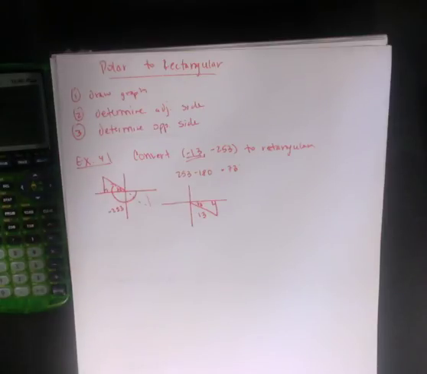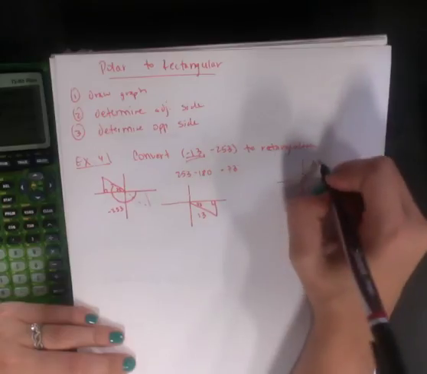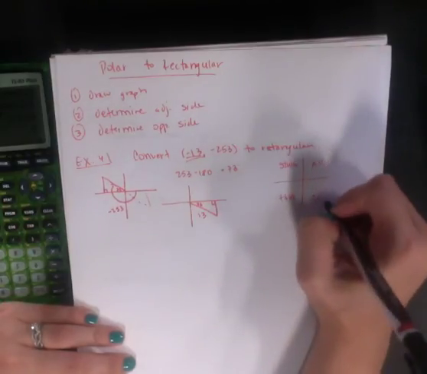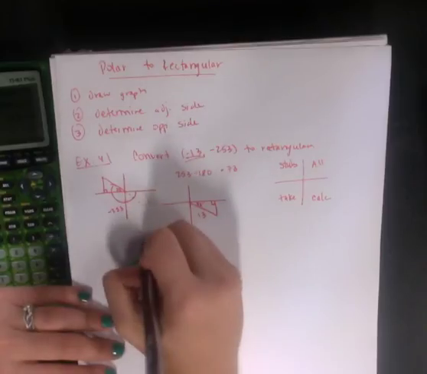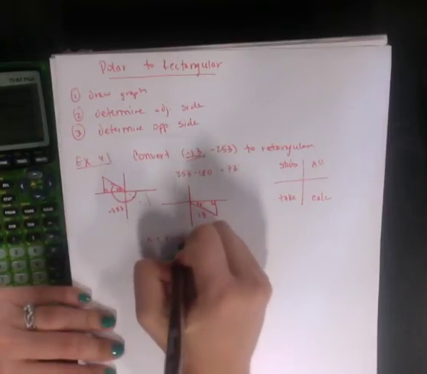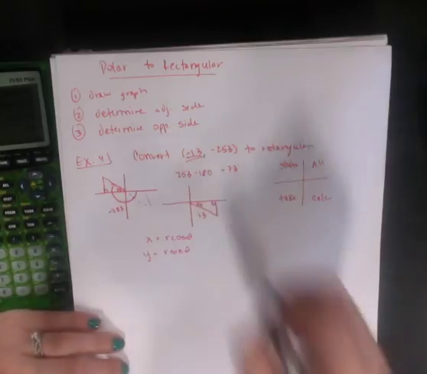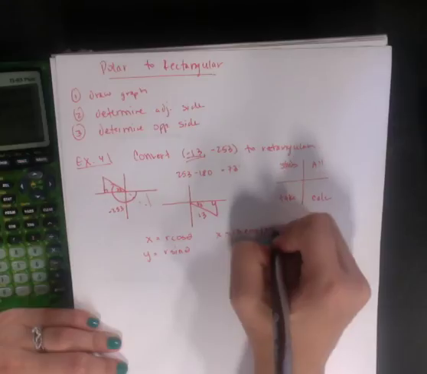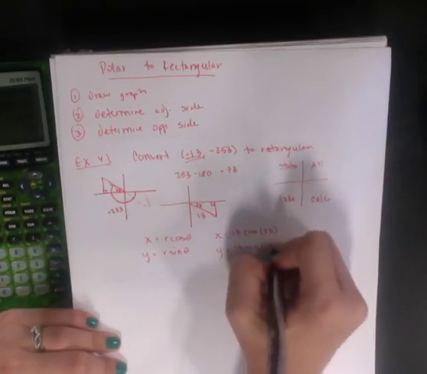Now, the different quadrant is important because for our signs, we have All Students Take Calculus, which tells us the sign of our cosine and sines. So here we always know that x is our cosine of theta, y is our sine of theta. So x is 13 cosine of 73, and y is 13 sine of 73.